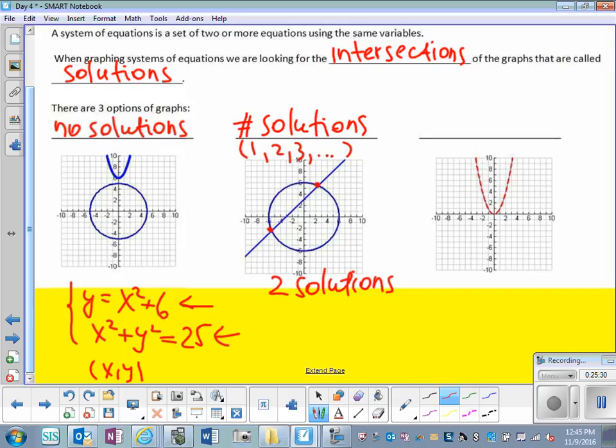And then there is the third scenario like this one, where we have 2 parabolas that overlap, one on top of another. So 2 equations that are exactly the same. I have a system of equations where one says y equals x squared, and another says 2y equals 2x squared. Different looking equations, but they are essentially the same.